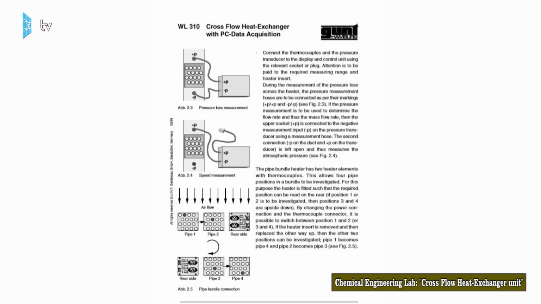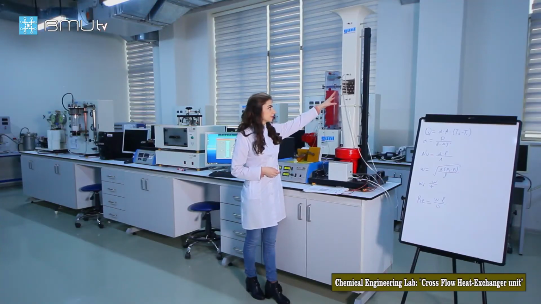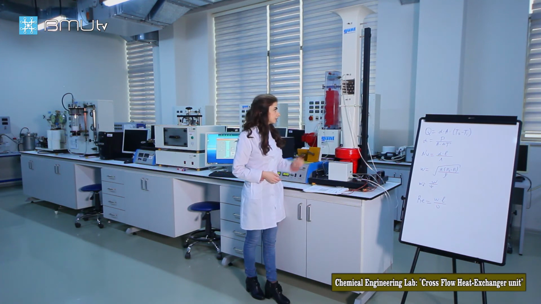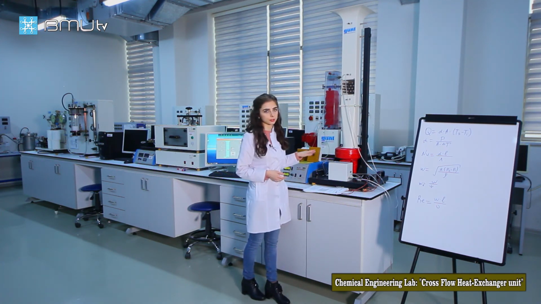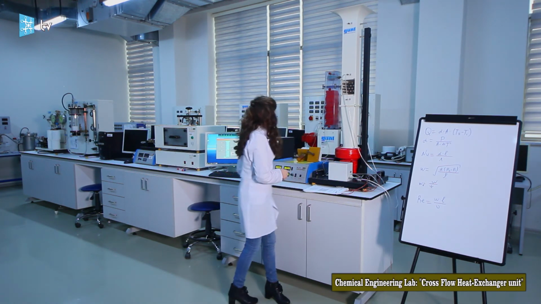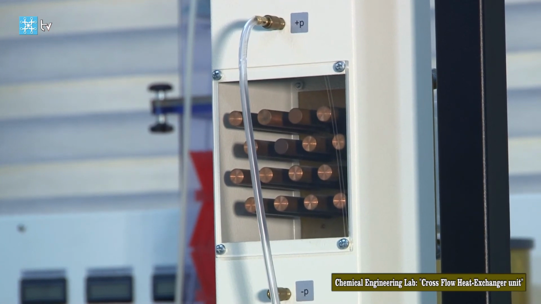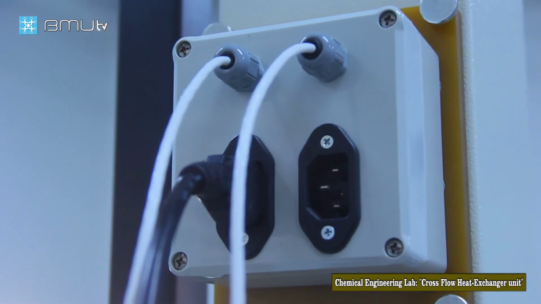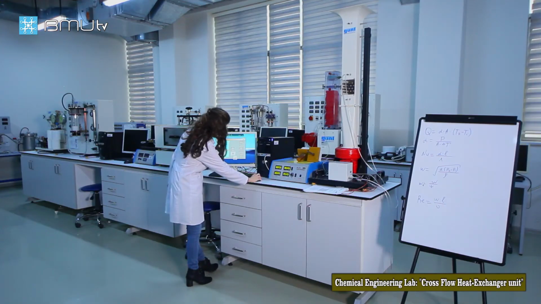So let's fix it to the duct. After inserting the pipe bundle into our duct, we switch the main switch on, and then we'll change the pipe parameter of the heater on the computer to pipe bundle.